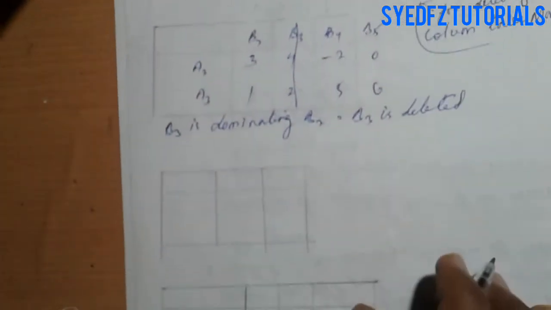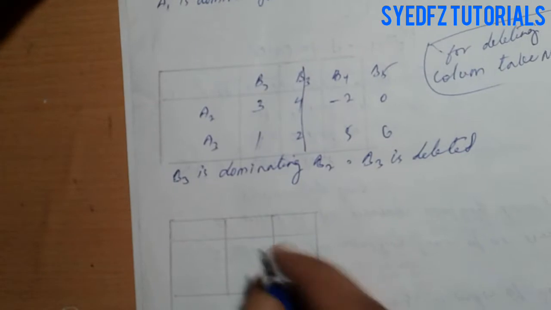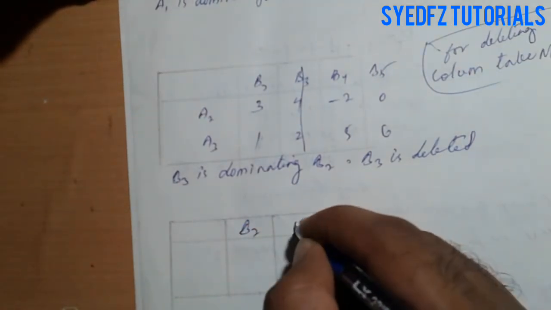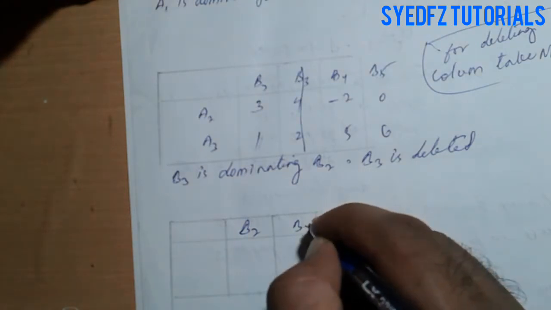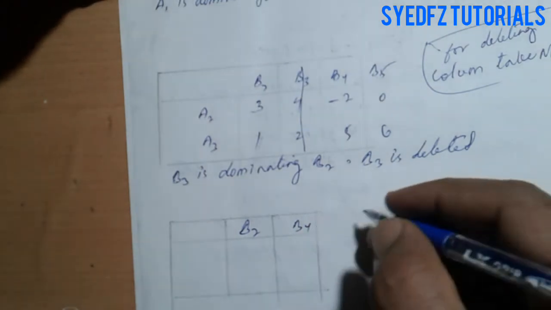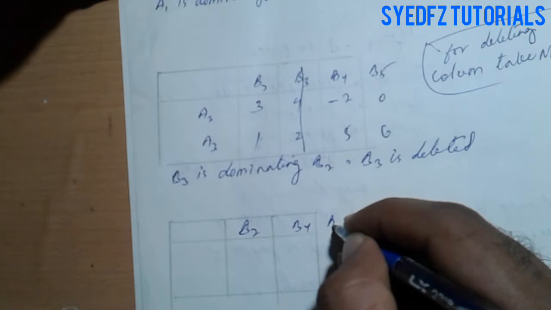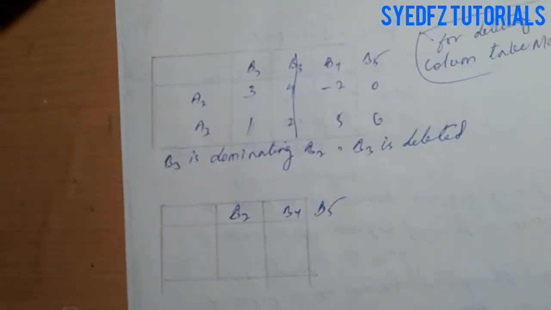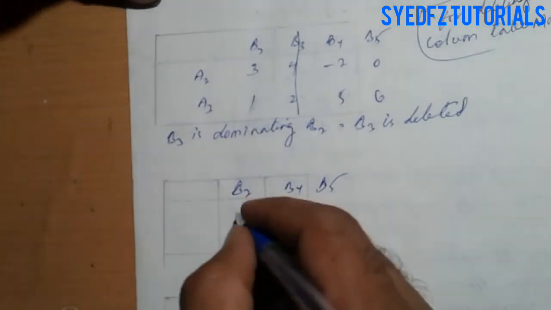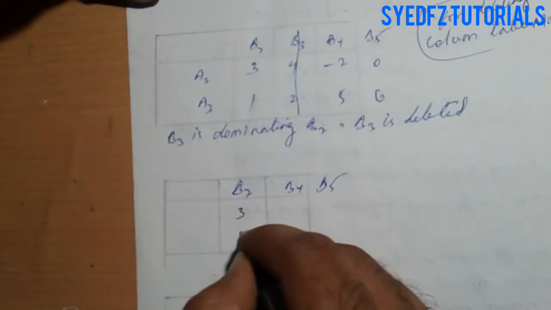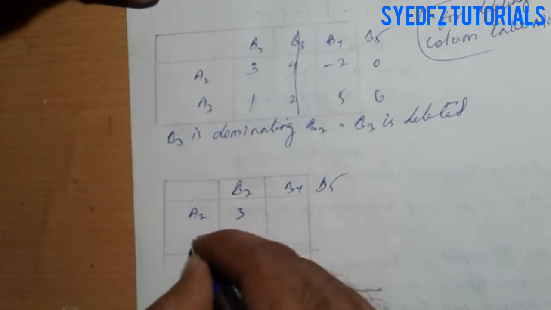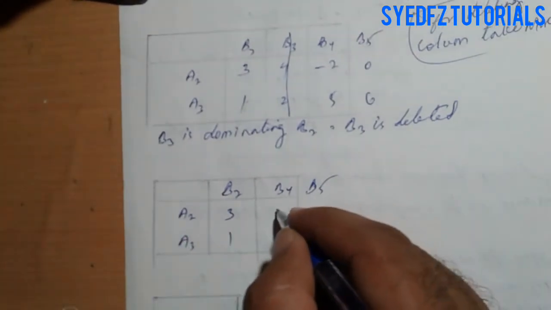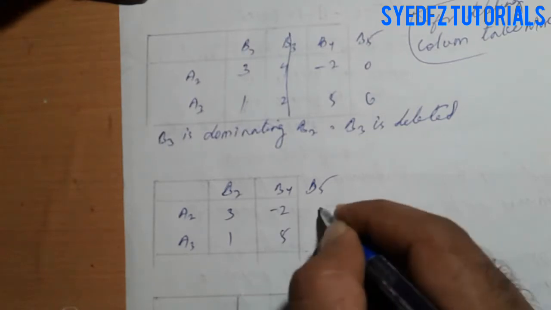Okay, now what is the remaining? B2, B4 and B5. Here we have 3, 1 for A2 and A3, then minus 2, 5, and 0, 6.